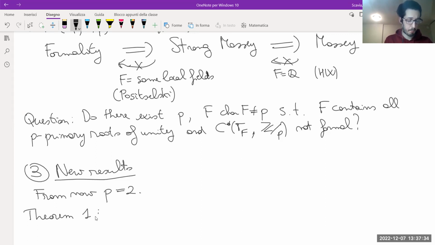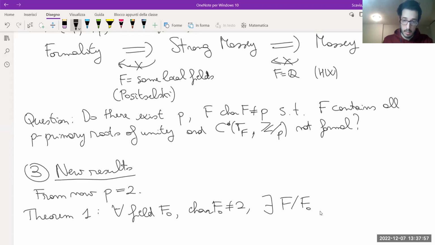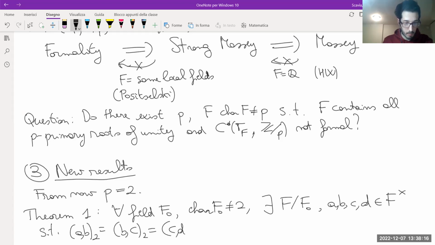So for every field, if you pick any starting field F0 of characteristic different from 2, then there exists some bigger field F and some a, b, c, and d in F star, such that the consecutive cup products are all 0.